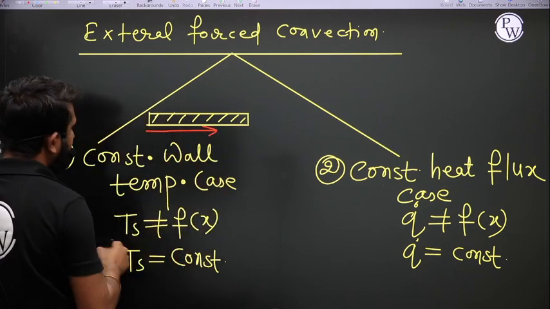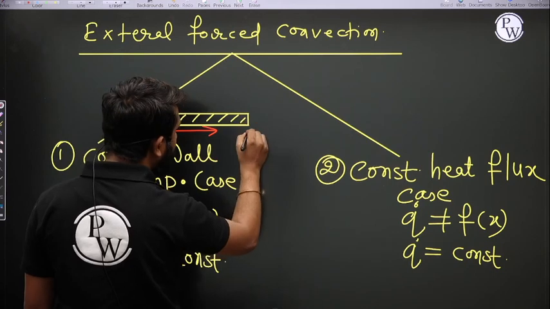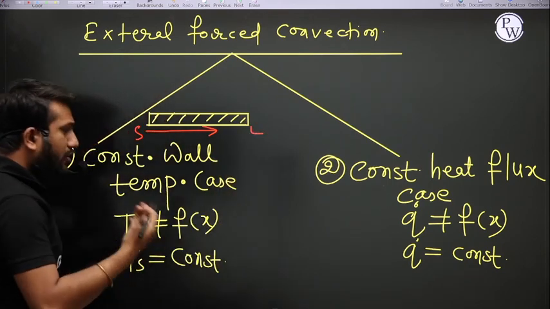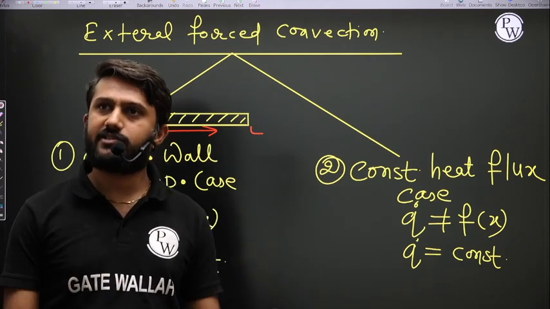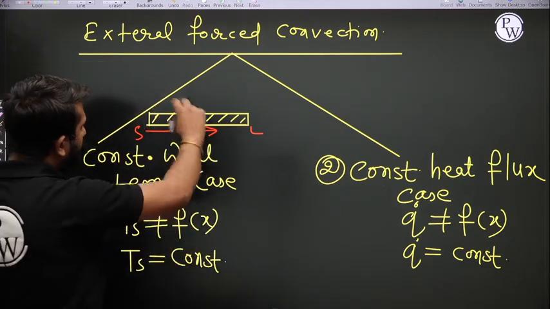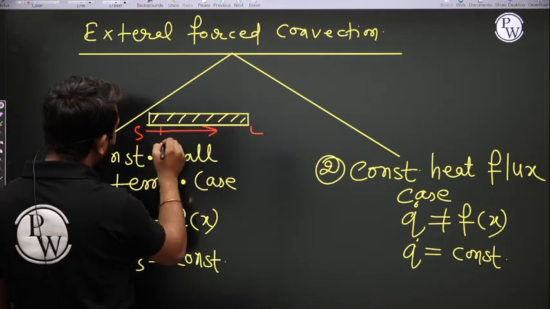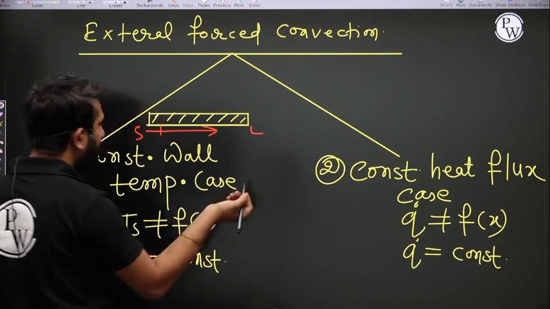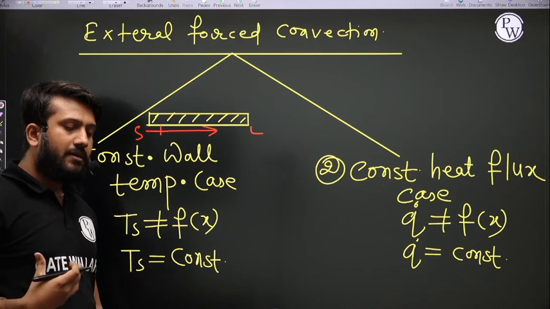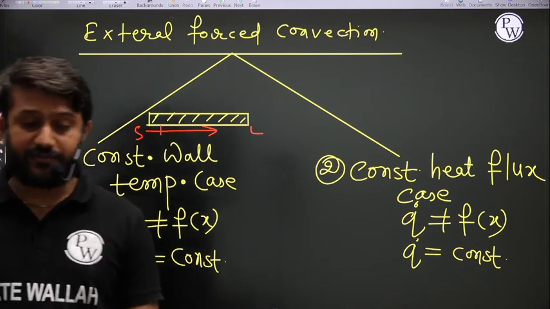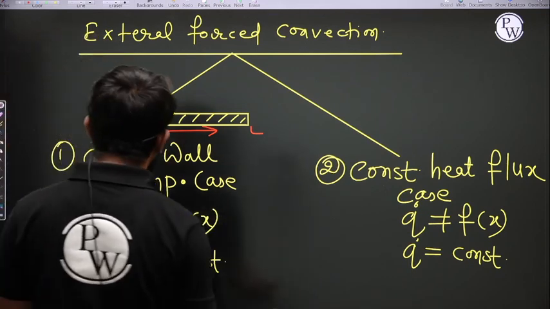phase change occurs. Let us assume there is steam and that steam is converted into liquid. We know that during the phase change the temperature is constant. So if there is a wall and on this side phase change is there, let us assume one atmospheric pressure, steam is converted into water, so the saturation temperature is 100 degrees Celsius.